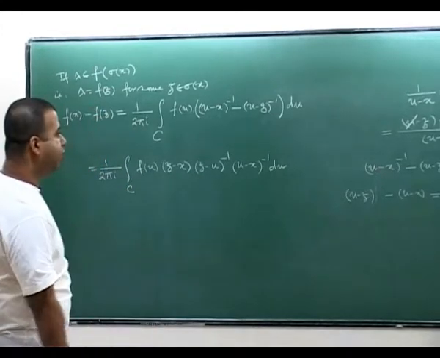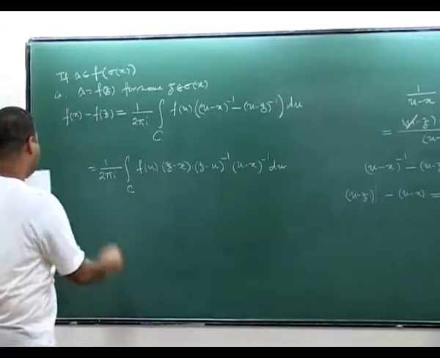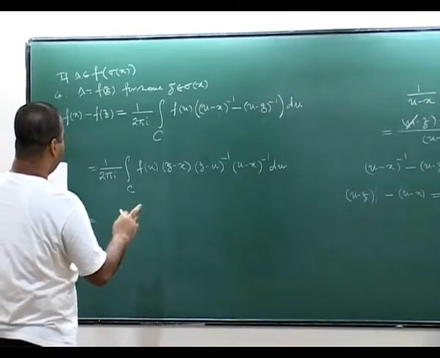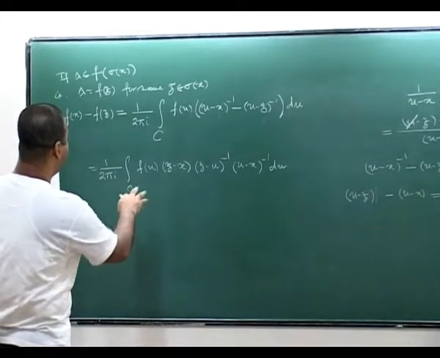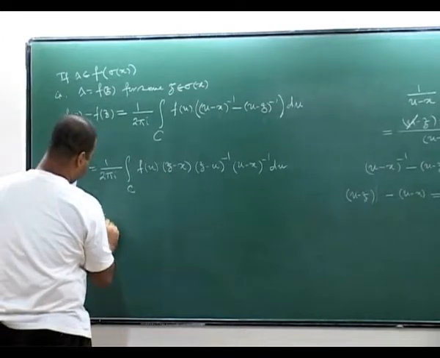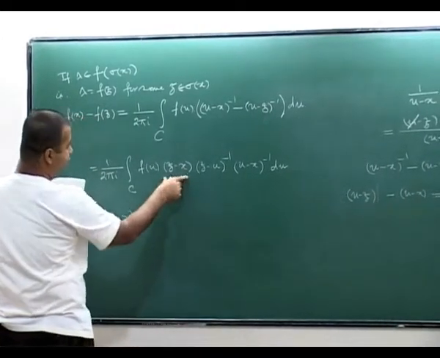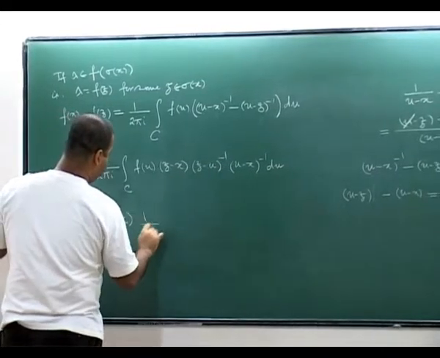Okay, there is a problem of a, no, this is okay. So this is equal to, so I want to pull out this z minus x. This does not depend upon this u, so it comes out.